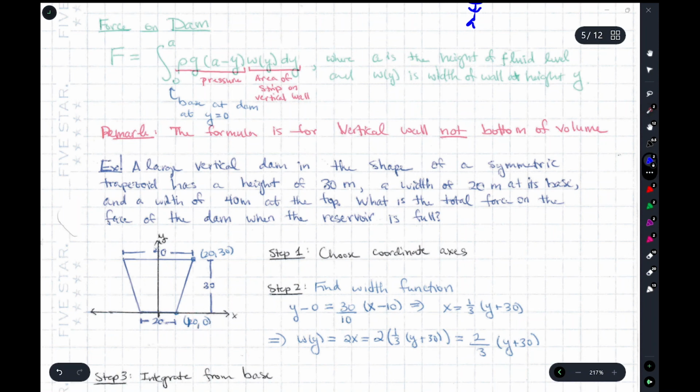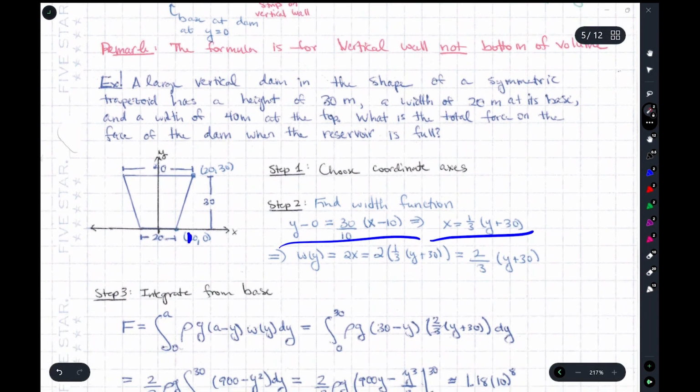So we have the slope and a general point (10, 0) that we use to get x as a function of y. And because we chose the coordinate axis to be symmetric, we just multiply by 2 to get the total width. And here goes your total width.